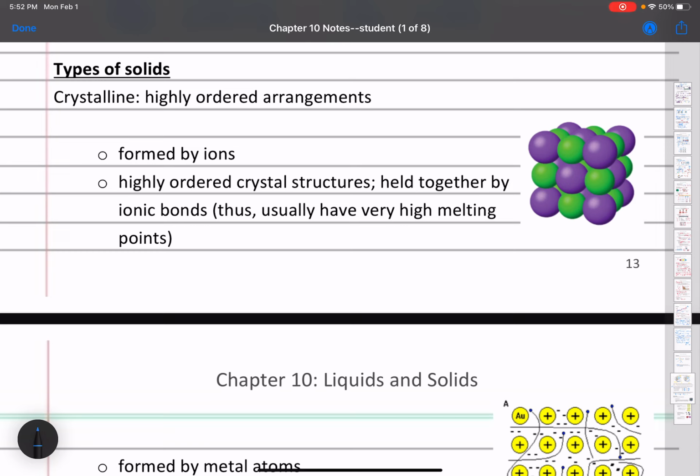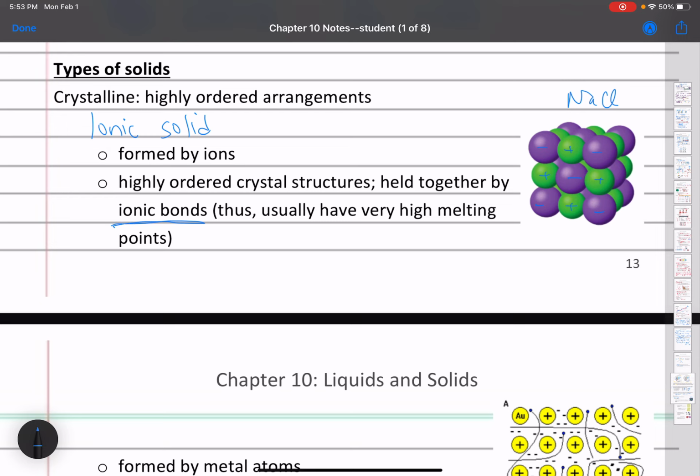The first type are the ionic solids. When you have an ionic compound, like let's say sodium chloride, any salt, any metal plus a non-metal, you have all these ions packed together, and they form this crystal structure. They're highly ordered, and what holds them together are ionic bonds.